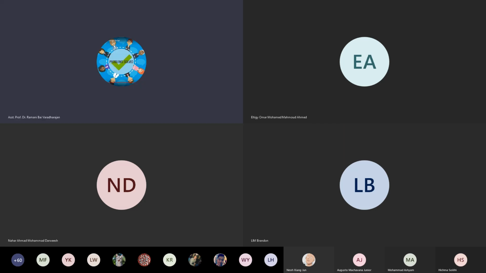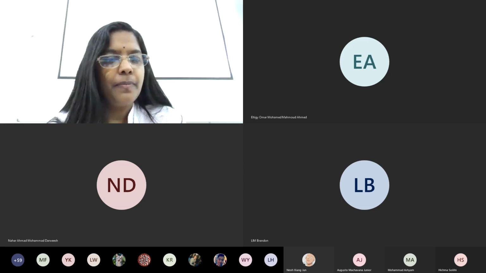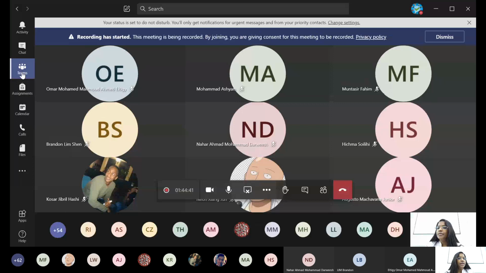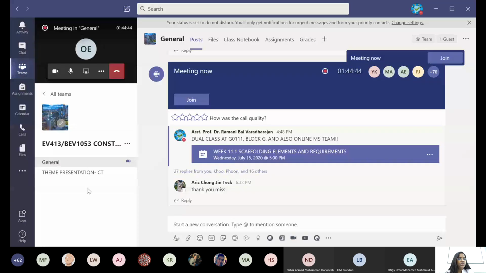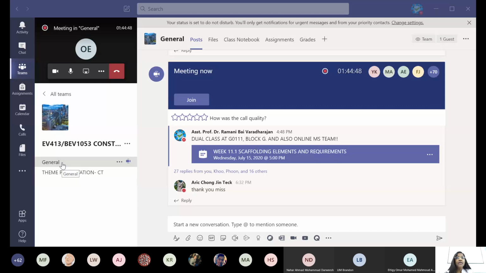Can you see the team? If you go to the team, can you see the channels on the left-hand side? General and Team Presentation, 2 channels. These are all called channels. Below the name is the icon for your team.